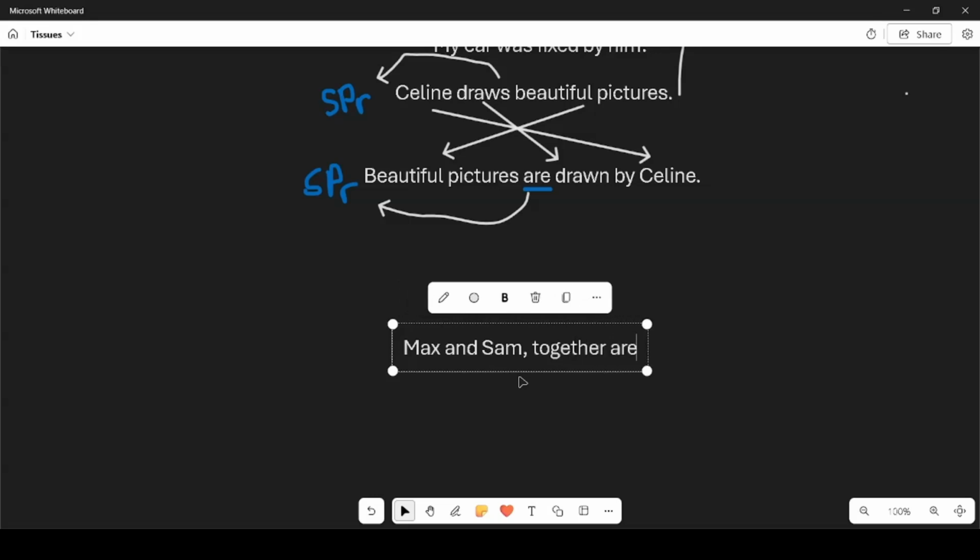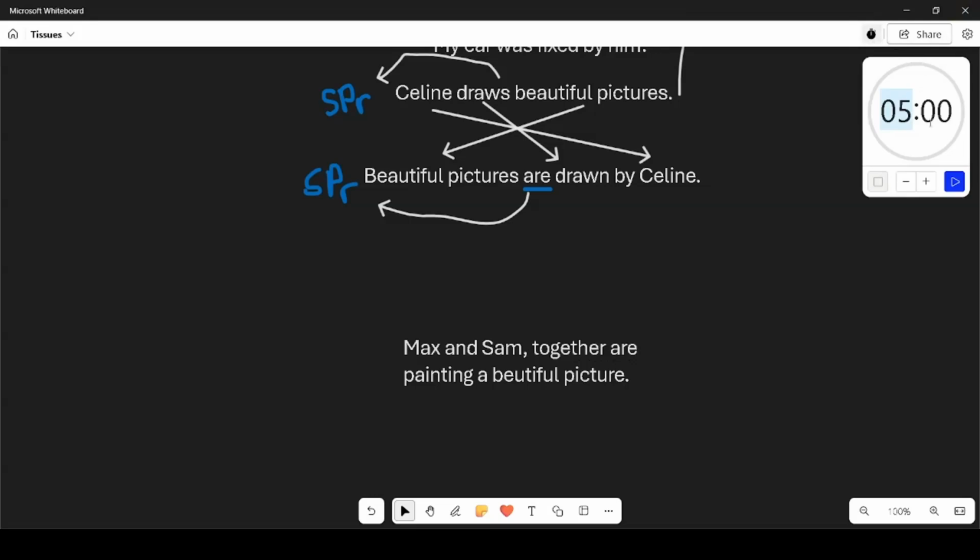Max and Sam together are painting a beautiful picture. So now I'll give you 10 seconds. No, this is a bit big, right? I'll give you 15 seconds.